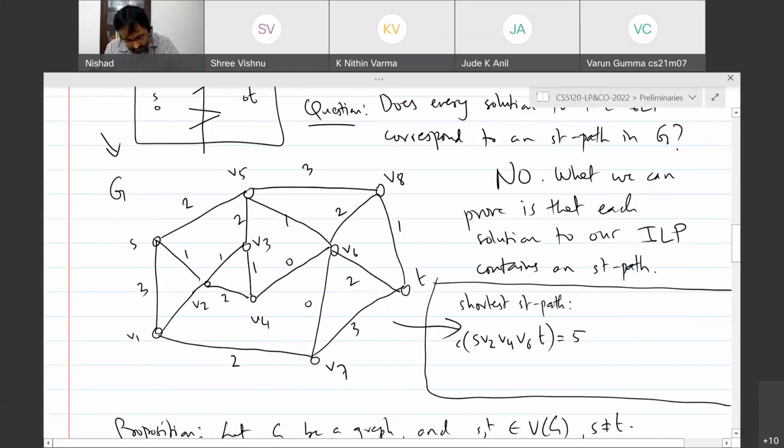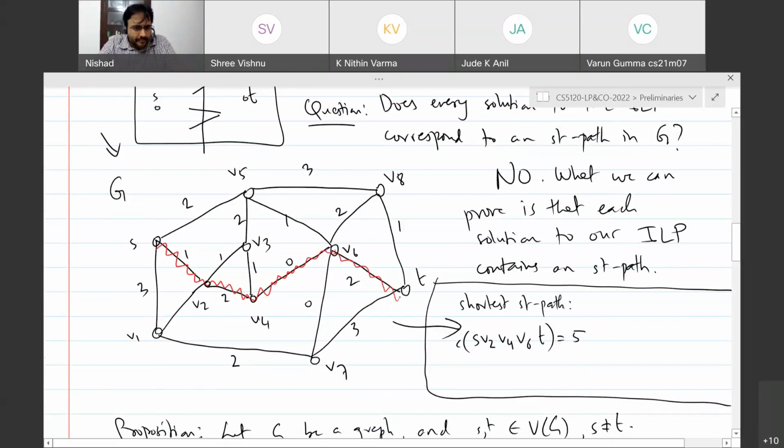So S to V2 to V4 to V6 to T, right? So this is a minimum cost shortest path, right? But by shortest, we mean the minimum cost.